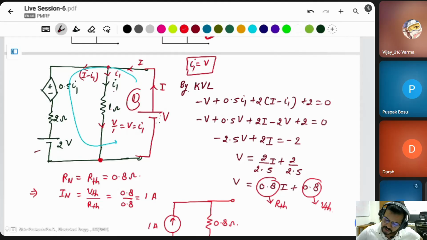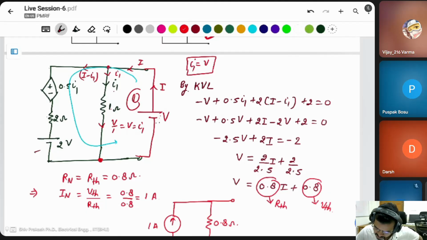But the question is asking about Norton, and you know the Thevenin resistor is the same as the Norton's resistor. It will be 0.8 ohm, and IN is equal to VTH divided by RTH. 0.8 divided by 0.8, it will be 1 ampere.